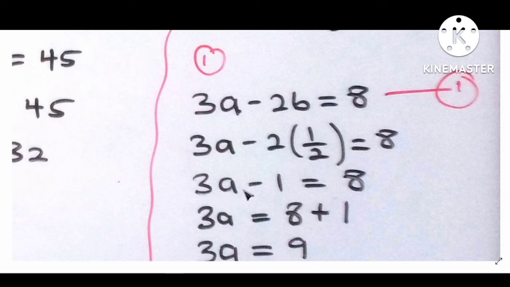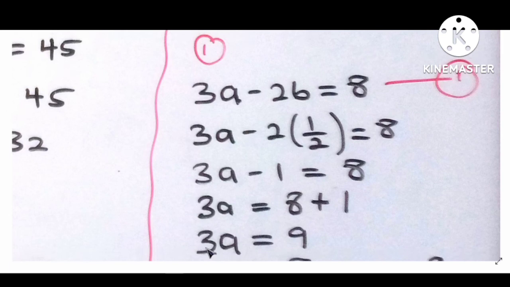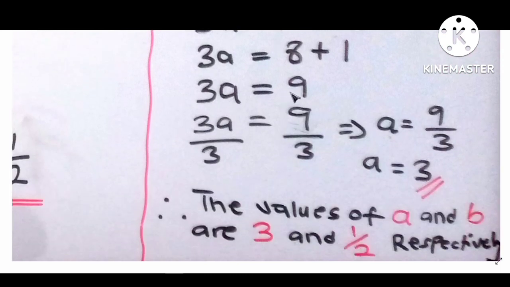So 3a, minus 2 times half will give us minus 1, is equal to 8. So 3a is equal to 8, and this minus 1 we send across, so it becomes positive 1. 8 plus 1, so our 3a will be equal to 9.